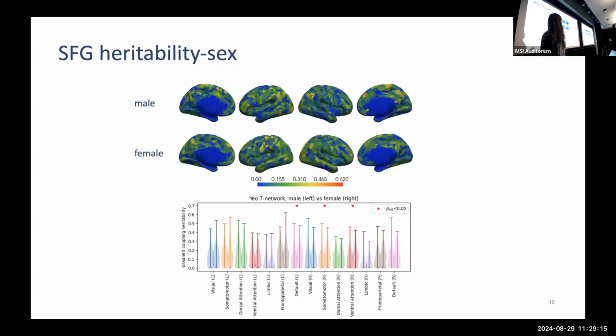And for all the differences, males have a higher heritability than females. So we are still exploring other traits, in terms of other cognition and behavior traits, to study this heritability difference.